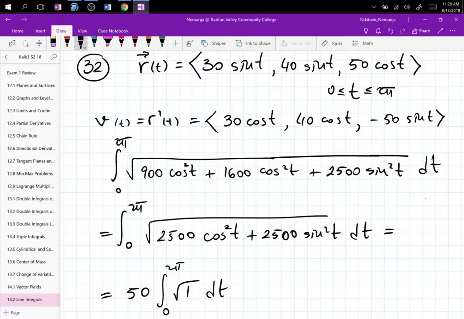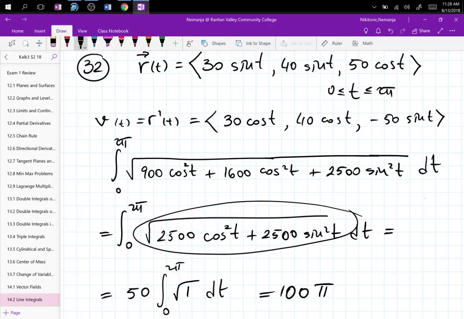So the answer is 100 pi. If a kid asks, what's the length of the line for the Slinky? It's going to be a circle with an additional term that would add into elliptical, which is not easy to compute.